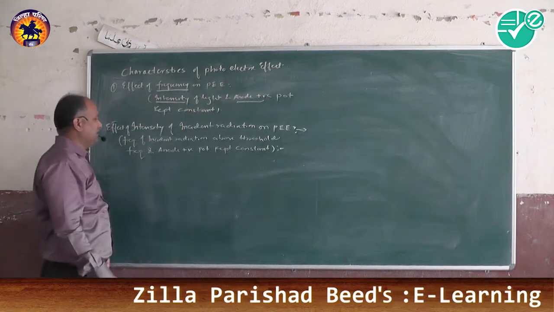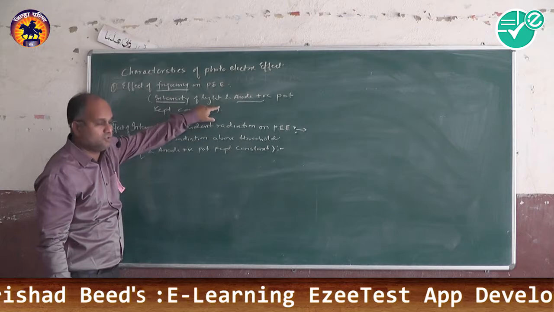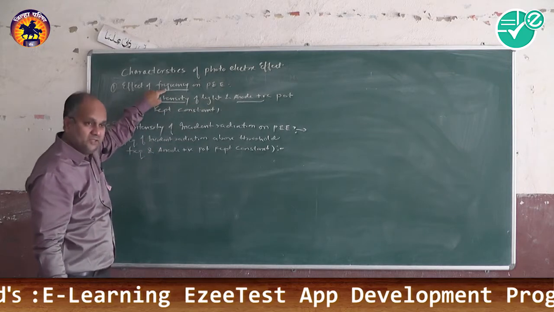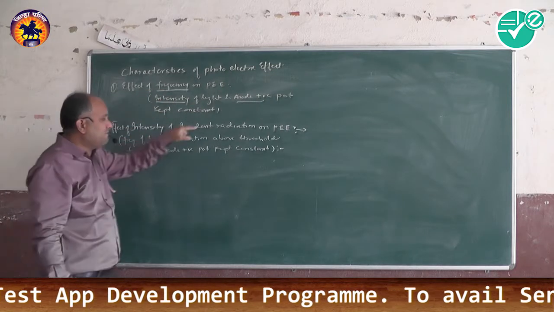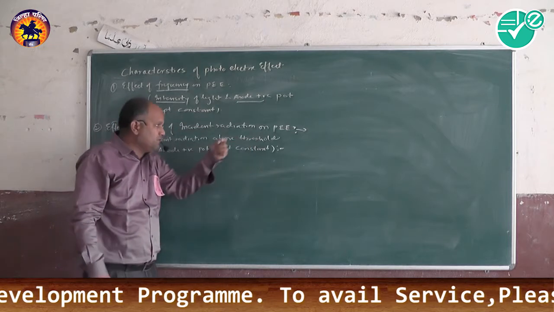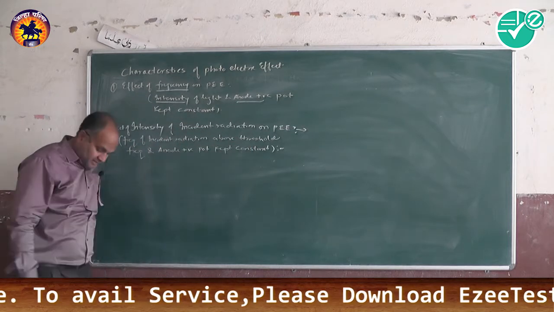In the first characteristic we kept intensity and anode positive potential constant and changed frequency. Now we are changing intensity, while the frequency above threshold and the anode positive potential are the two factors kept constant.